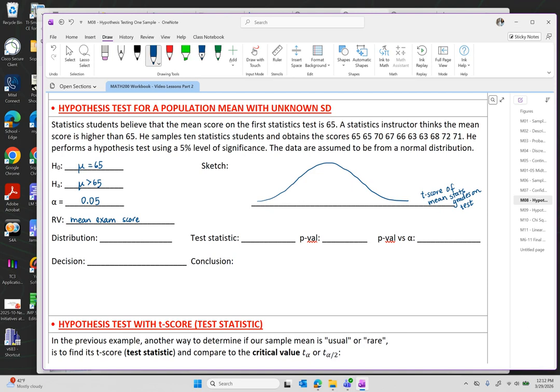However, when we sketch our t-distribution, the t-distribution will have t-scores corresponding to the variable, which is the mean exam score in the statistics class. The t-distribution will have 0 here, and then tick marks that may go beyond 3 away from the mean, especially if we have a small sample, which we do.